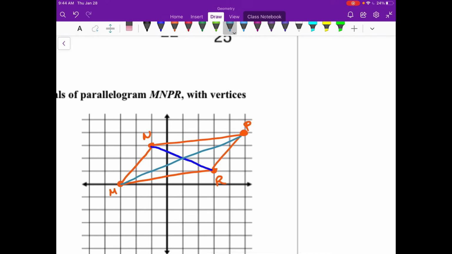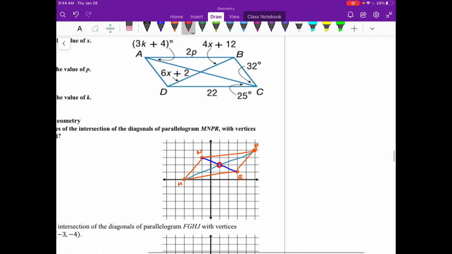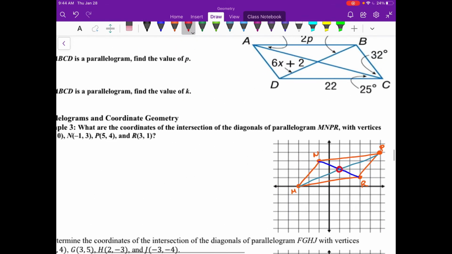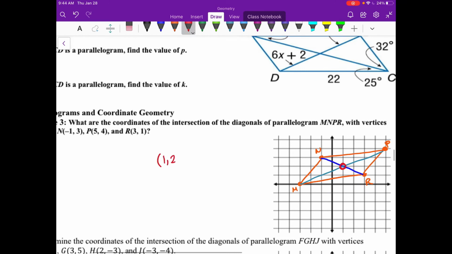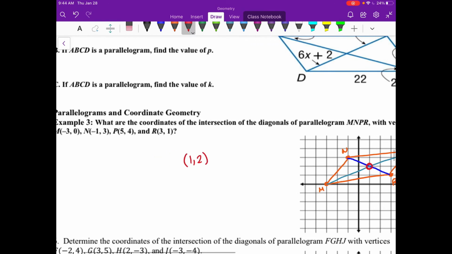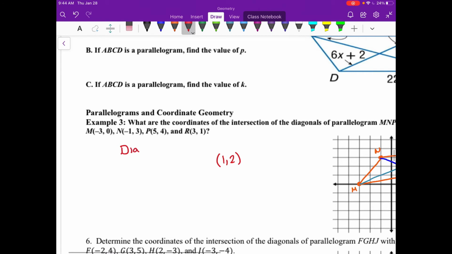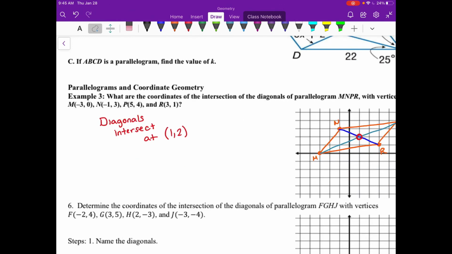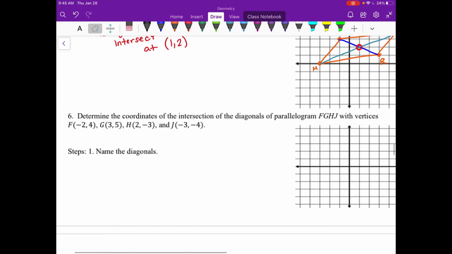Luckily, my lines are pretty okay. And that would be right here at point 1, 2. So at 1, 2, the diagonals intersect.